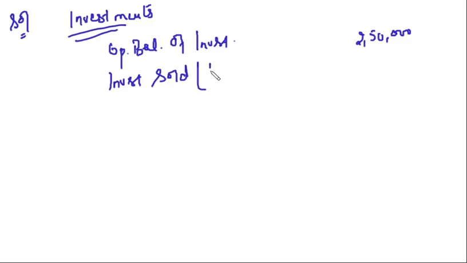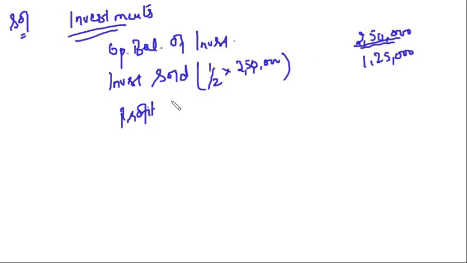Investment sold is half of 2,50,000. How much? 1,25,000. What is the profit given? Profit given is 10% of 1,25,000. Clear? This comes to 12,500.